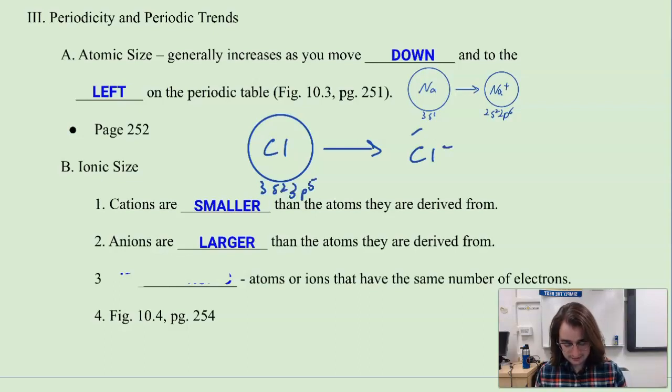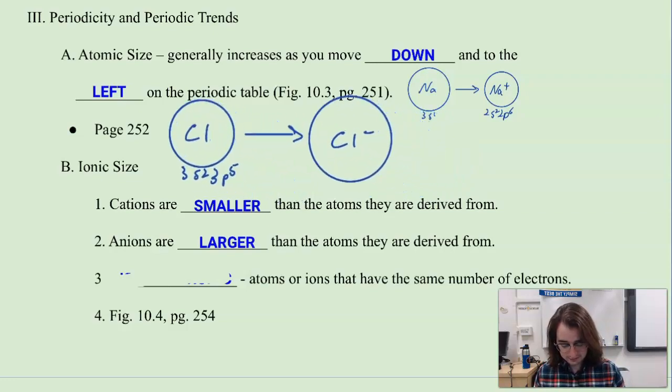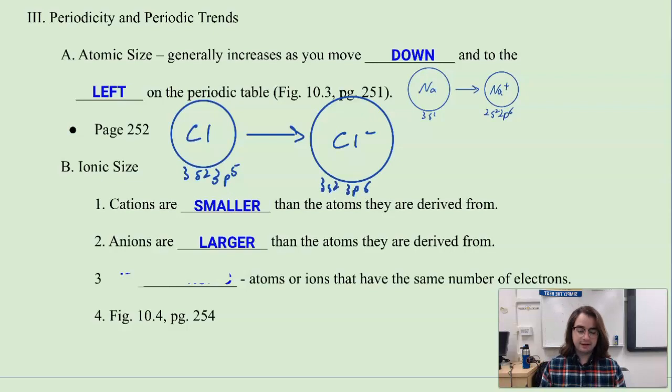When it becomes an ion, it's going to become much larger because it has more electrons around it now. Its new electron configuration is 3s2, 3p6. Again, it's because we're piling more electrons onto that outer layer.